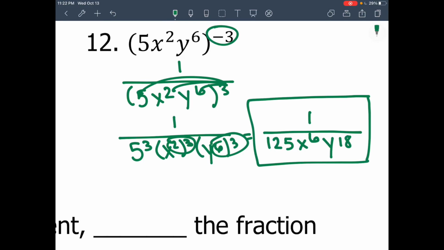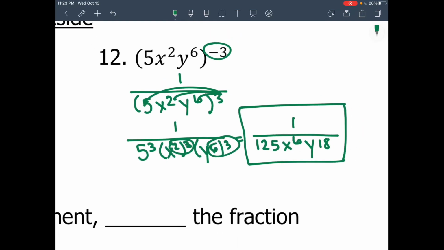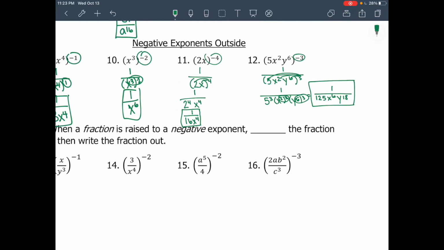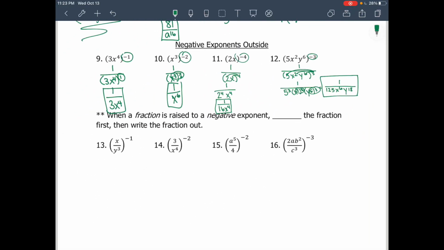All right, we have one more rule and then some practice. So the last rule to discuss is when you have fractions that are raised to the negative exponent. So that's like questions 13 through 16. What you're going to do is flip the fraction first and then write it out. So flip.